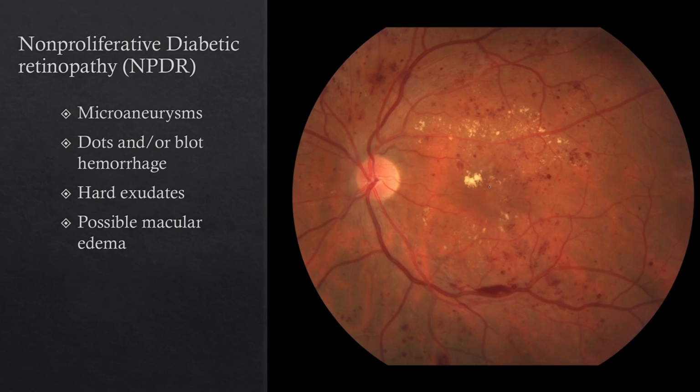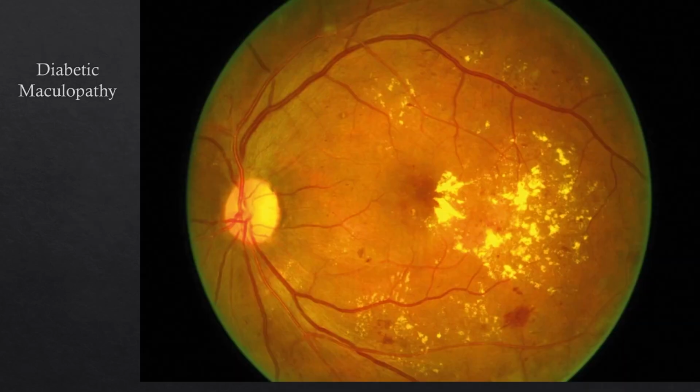Just keep in mind, just because this picture has all of these things doesn't mean that the patient has to present with all of them. So we have macular edema. We said that increased permeability leads to fluid exudation. Now these fluid exudates will cause macular edema. Now there is water in front of the macula, and we mentioned that it's very important to keep the retina dry. So here's an example of diabetic maculopathy.